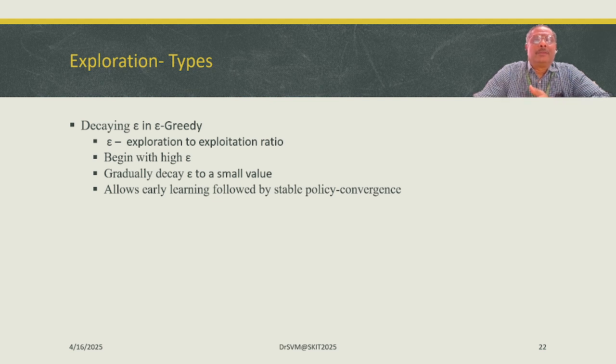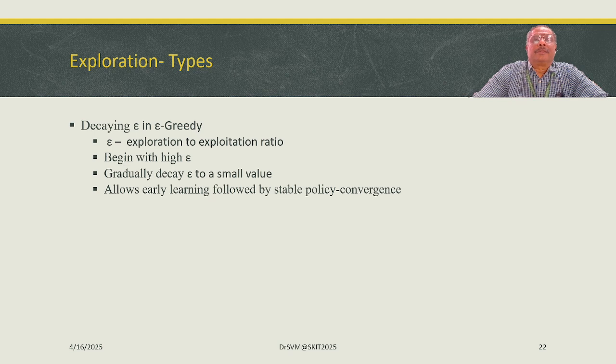So this allows early learning followed by stable policy convergence. Because in the beginning, the epsilon value is high, a lot of exploration is possible. So, we try almost all possible action-state combinations randomly, and then we have a good knowledge bank. And then, as we move further, we try to exploit this available knowledge rather than exploring.